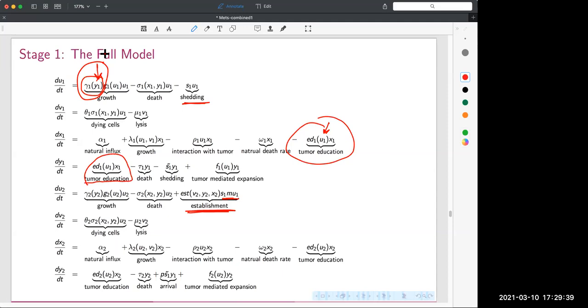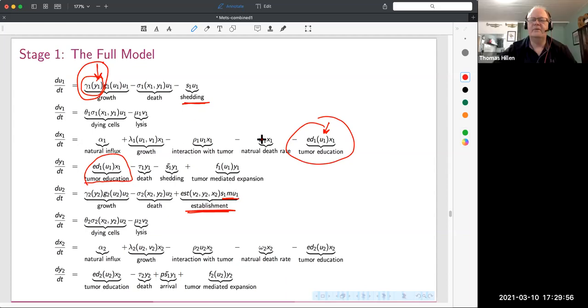Yes, I wanted to know if you can talk a little more about how you reduced your model with 8 ODEs to 1, and also the impact on the result of such a reduction. Yeah, so when we do model reduction, we always try to keep the typical behavior and get rid of all the unnecessary details.